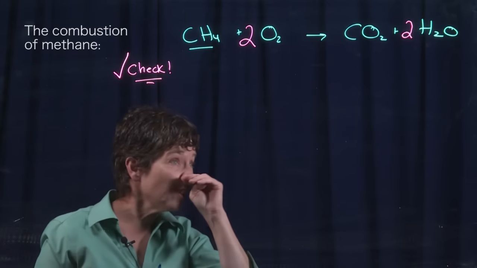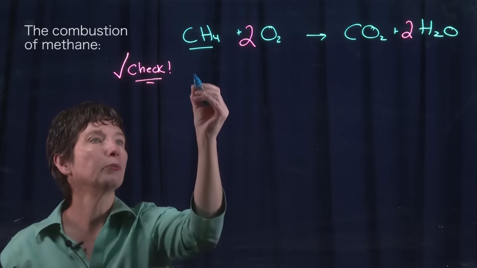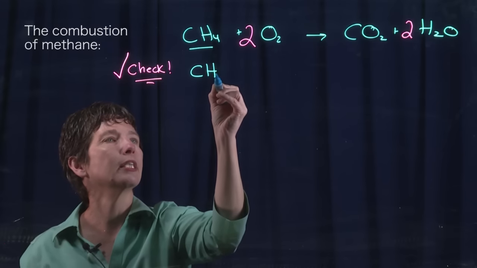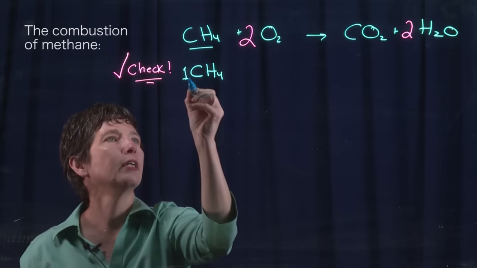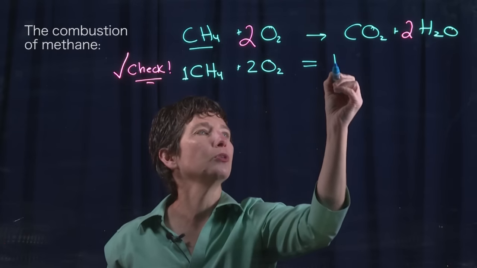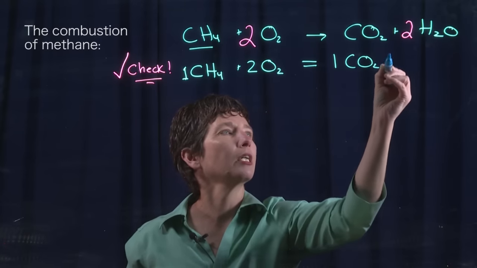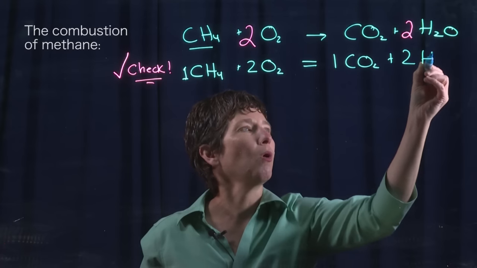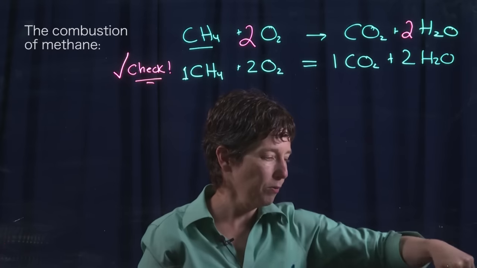But we can also think about this in mathematical terms, and we really can rewrite this and say that 1 mole of methane plus 2 moles of oxygen is equal to 1 mole of carbon dioxide and 2 moles of water.